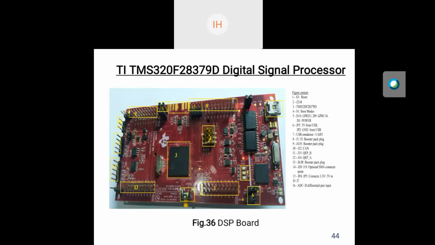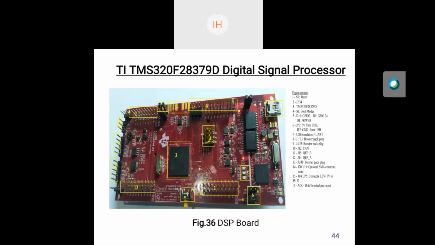All of the other parts are also shown in this figure. So we have tried to understand the DSP board, and we have practiced some programs on it to control the parts of the DSP board.